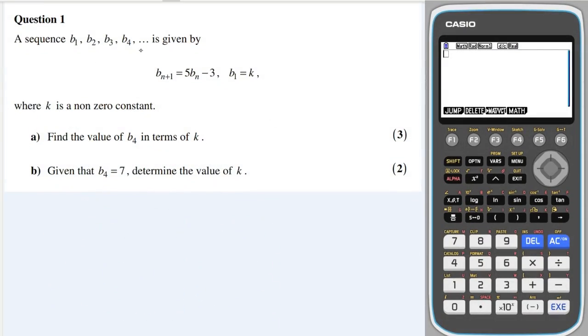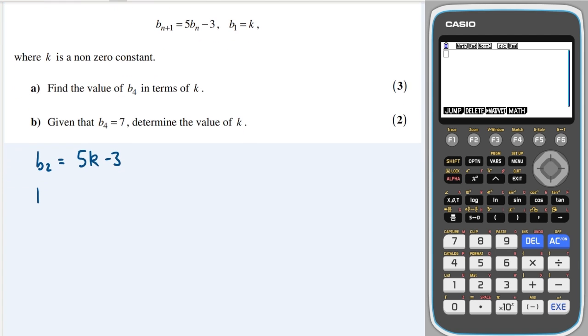Okay, we've got a sequence and it's given by this recursive formula, and it says find the value of B4 in terms of K. Wowzer. Right, we know B1, so let's go to B2. And we just sub in K for Bn. So 5k minus 3.